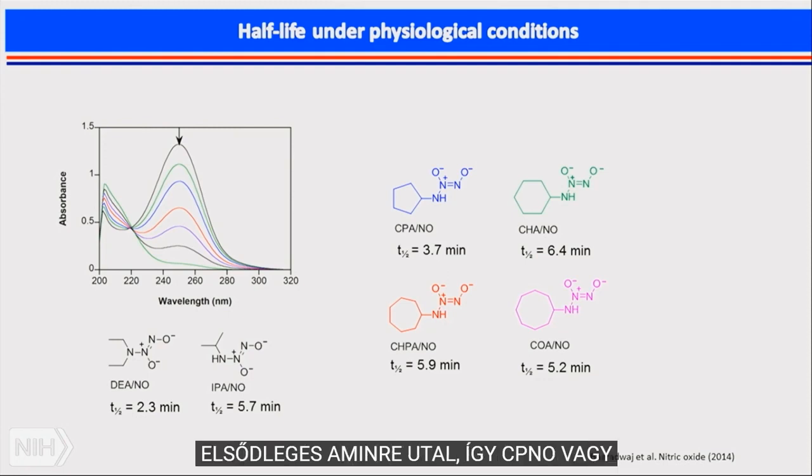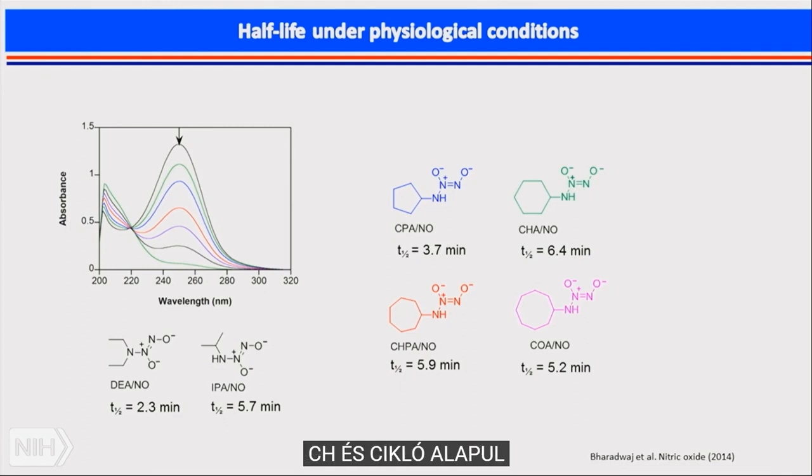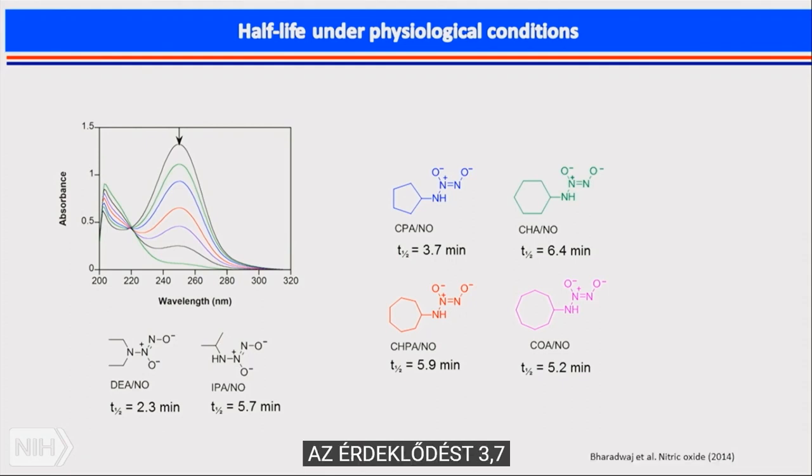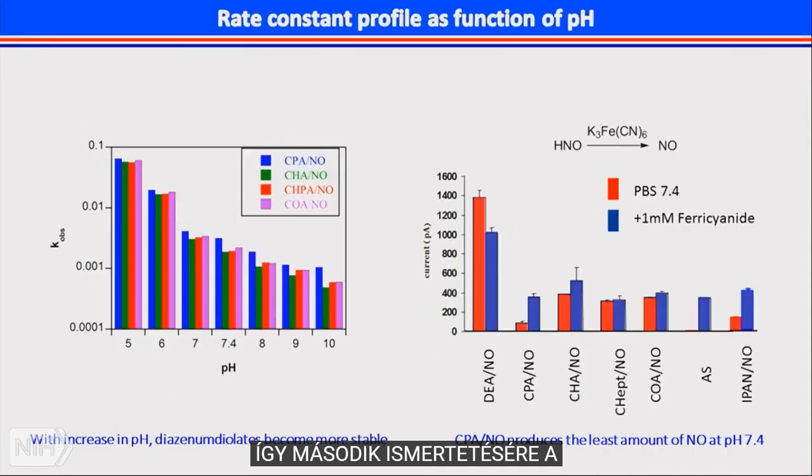So we made CPNO, the cyclohexylamine-based NONOate, and the cycloheptylamine and cyclooctylamine-based NONOates. And as you can see here, the half-life changes from about 3.7 minutes to a maximum of 6.4 minutes. So the half-life did not change much, while for the secondary amine-based NONOates, the half-life variation was much more.